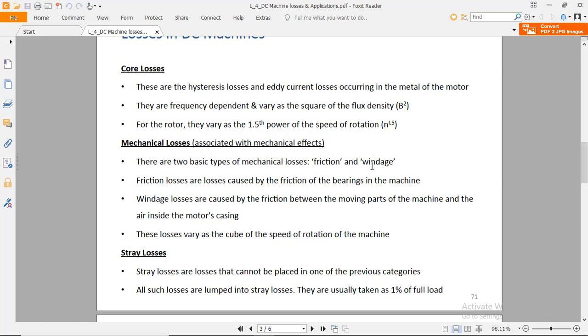Windage means the housing should be constructed so that air cannot be locked in, and an exhausting mechanism should be there. You all know that in most DC motors there is a hole to cool down the motor. For that purpose we fix windage holes and a windage path to remove the stuck air from the motor.